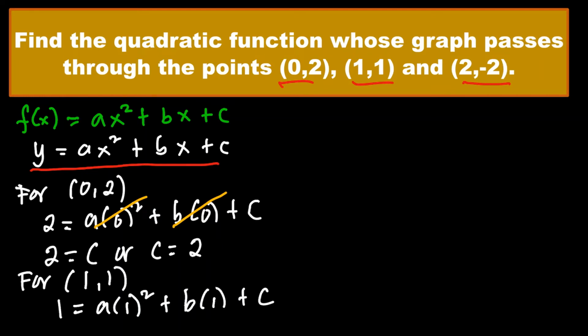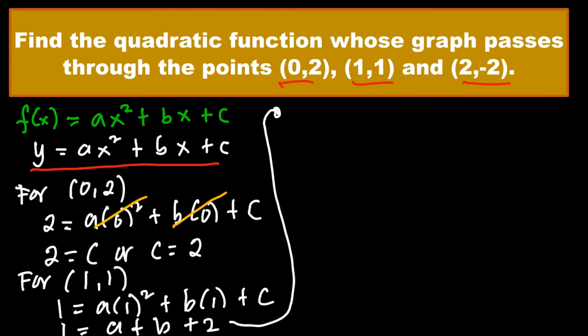We know that our c here is equal to 2, so we will have 1 = a + b + 2. Simplifying this further, 1 - 2 = a + b, and this will give us -1 = a + b. Let's have this as our first equation.